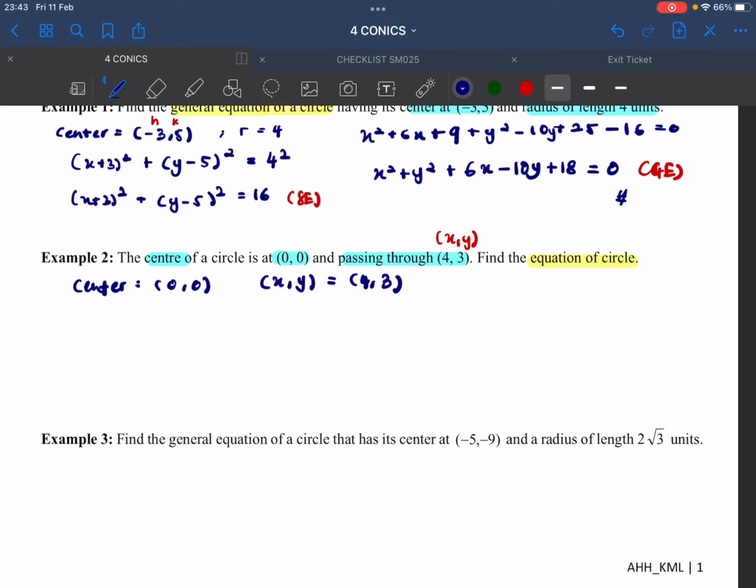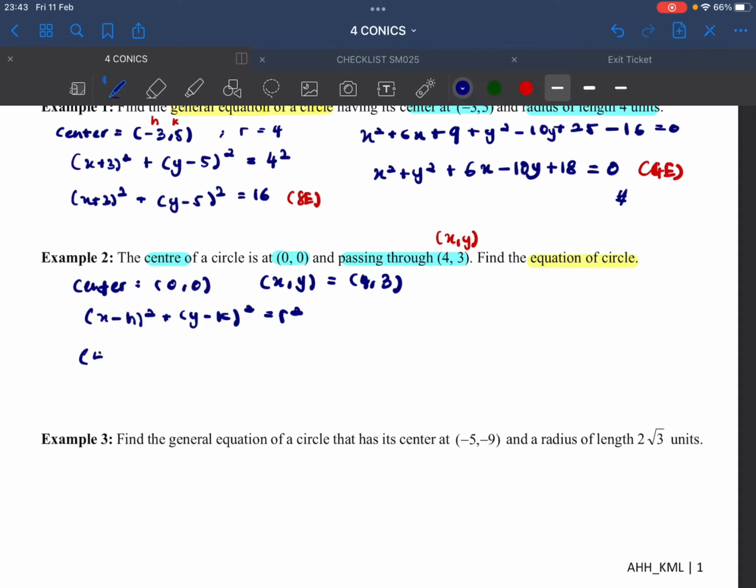Okay, so we want to find the equation of the circle. So let's start with the standard equation: x minus h squared plus y minus k squared is equal to r squared. So this is going to be 4, 3, and h, k is going to be 0, 0.